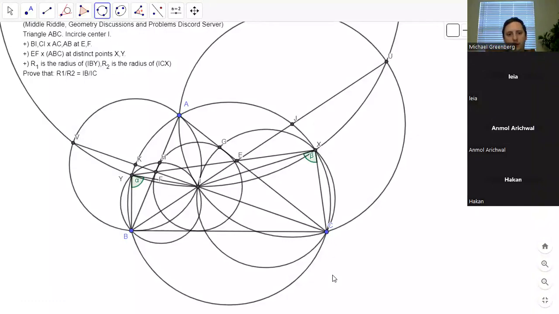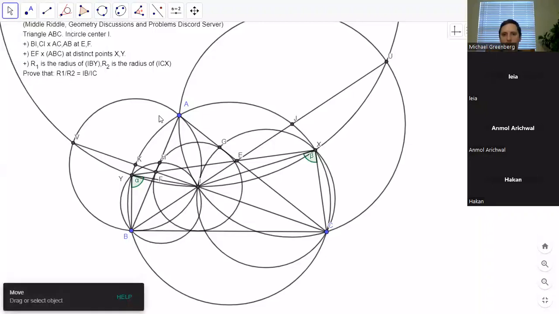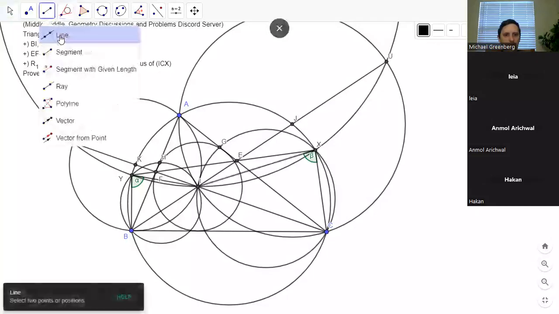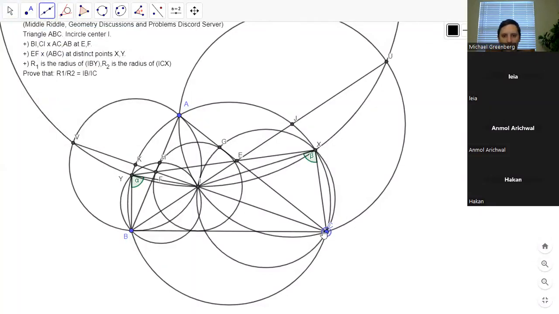Once we know that, let's see. Feels like it has to be helpful somehow. Because then we're basically saying that, maybe it's worth extending CX and BY to meet that circle.